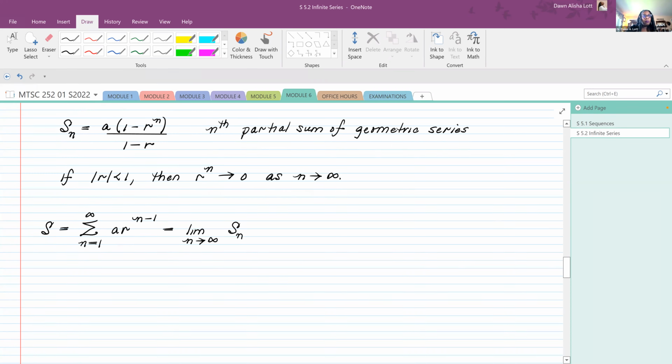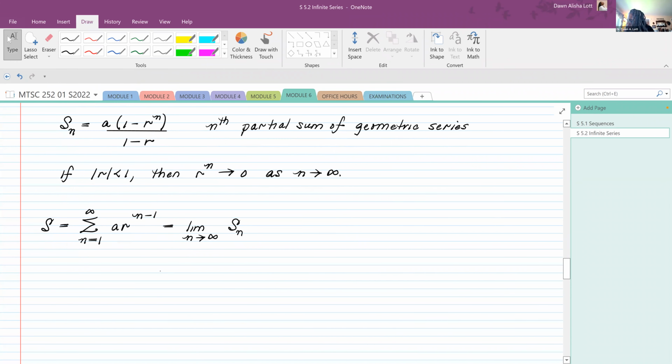Okay, but that is going to equal the limit as N approaches infinity of A times 1 minus R to the N, because this is the nth partial sum, divided by 1 minus R.